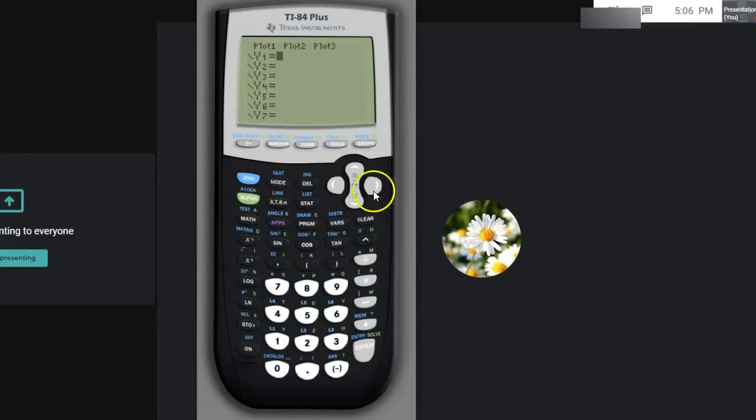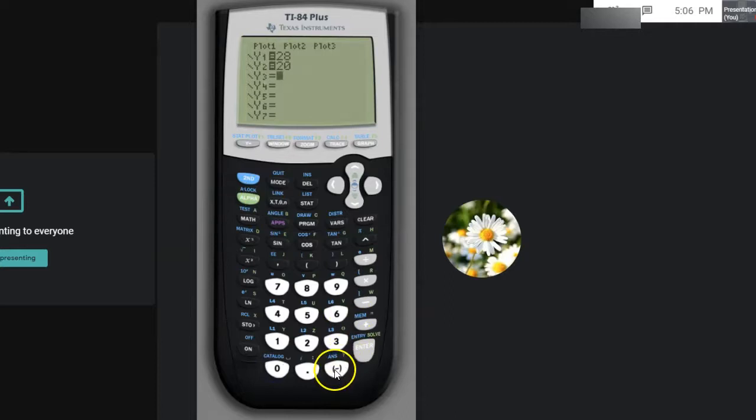When x is 1, we should have 28. When x is 2, we should have 20. And we know our parabola should look something like this.